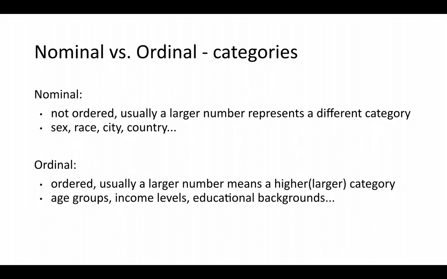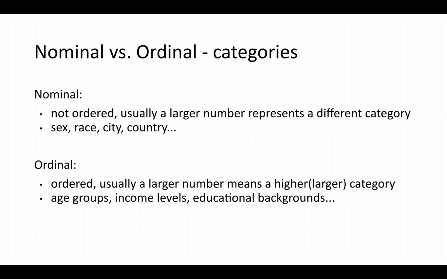Also educational background. Let's say we code less than high school, meaning you don't hold a high school diploma, as 0, high school diploma as 1, associate degree and college as 2, and graduate degree as 3. So 3 is larger than 0, 1, and 2, and the 3 also means longer education years.